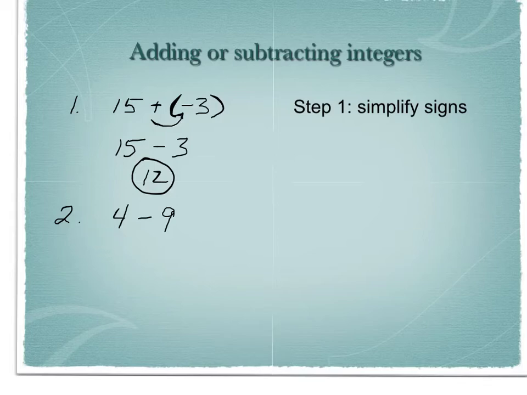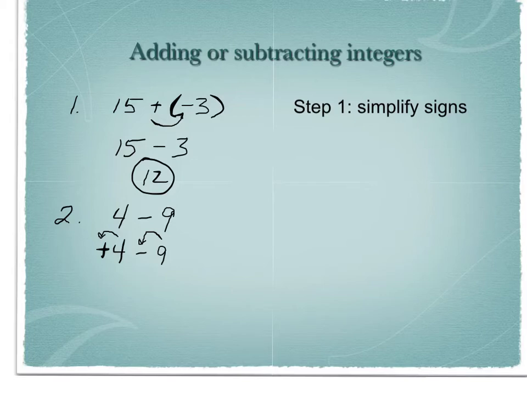So I'm going to rewrite this. Positive 4, take away 9. Now the sign in front of each integer belongs to that integer. So this plus sign belongs to the 4, and this minus sign belongs to the 9.